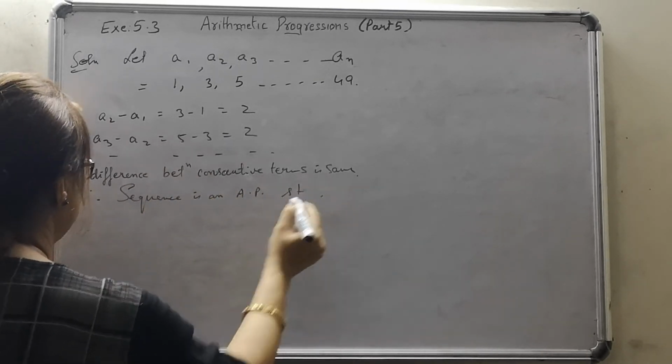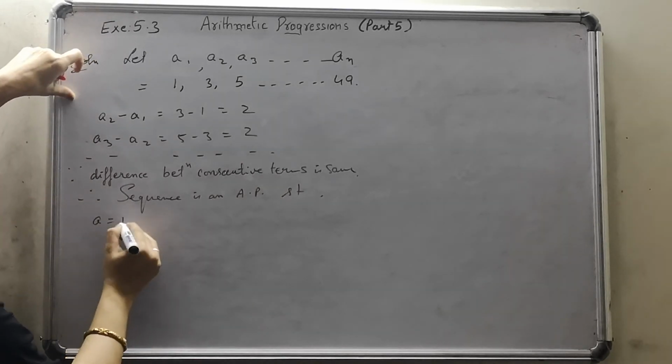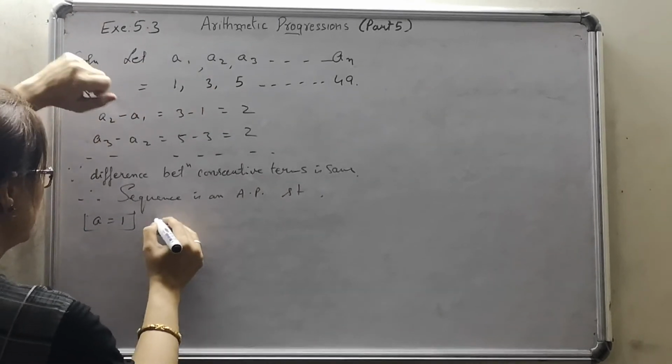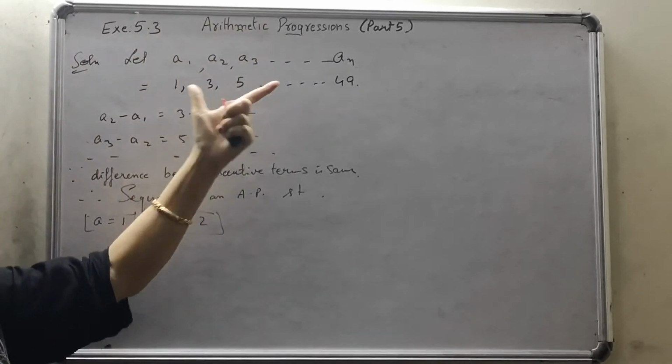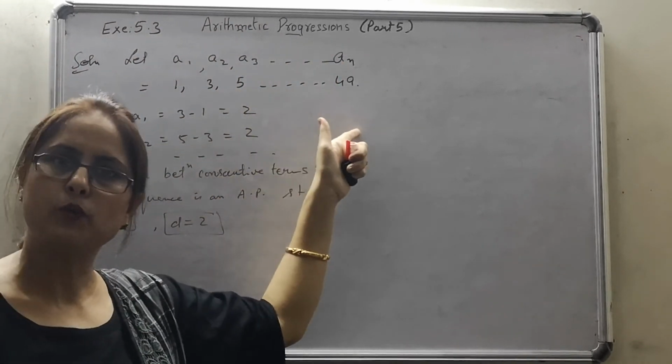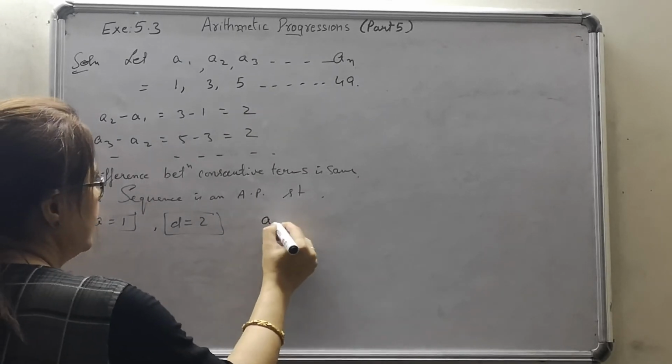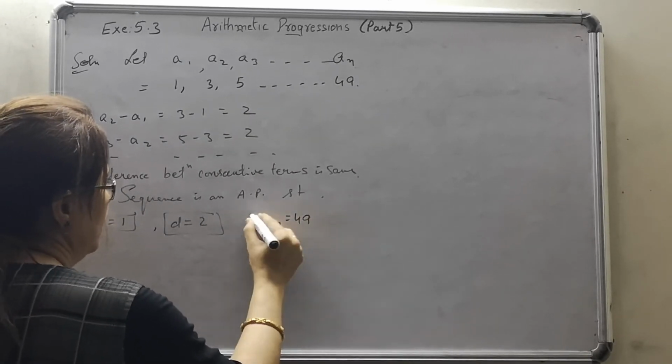Such that, what are the values? We have A is equal to 1. As you can see, D is equal to 2. और क्या नजर आ रहा है हमें सीक्वेंस में? हमें लास्ट टर्म की वैल्यू भी नजर आ रही है, that is An is equal to 49.